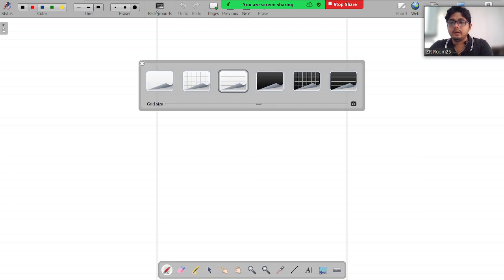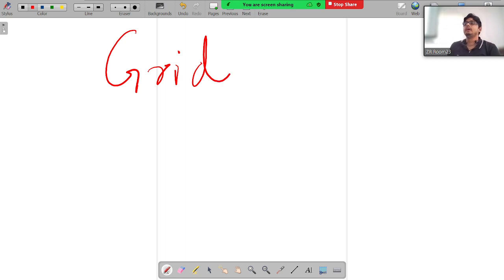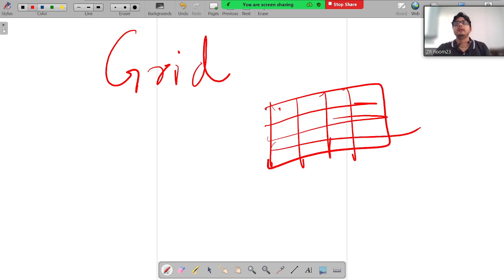Now listen here. What do you mean by the term grid? Grid means net. All the dots are connected with each other, and that is what we usually call a grid.